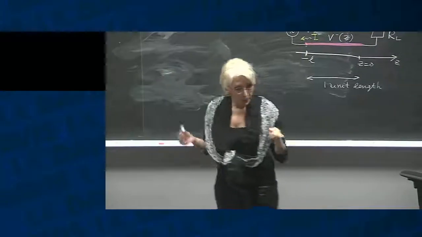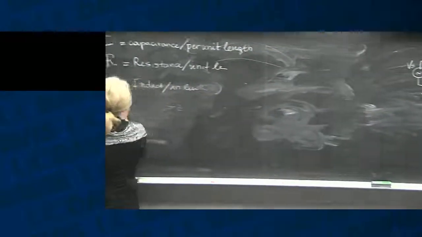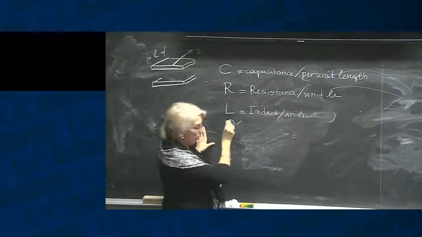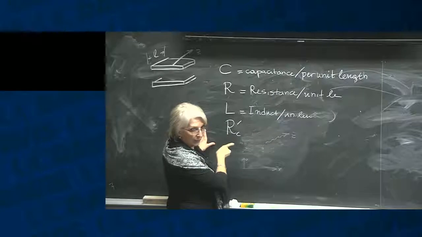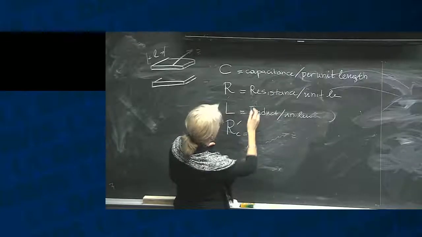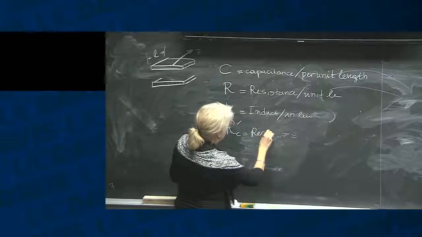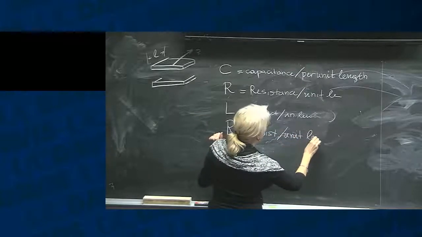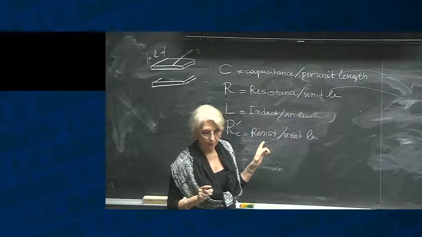But if we had losses in the conductor, we would find another resistance from conductor losses, all right? And that would have been, of course, resistance per unit length. Now, this is what we got from statics.